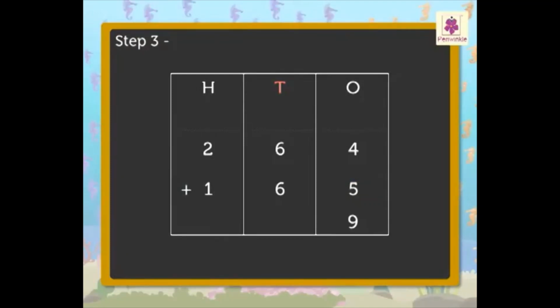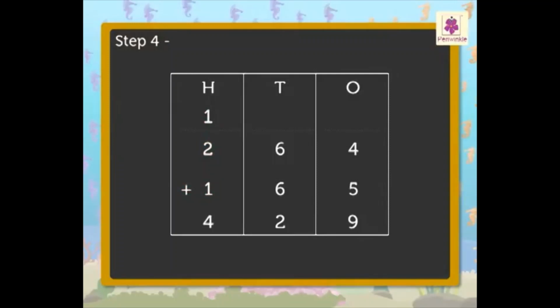Add the tens, that is 6 plus 6 is equal to 12. Regroup the 12 tens, that is 12 tens is equal to 100 and 2 tens. Carry the 100 to the hundreds column and write 2 in the tens column. Step 4. Add the hundreds, that is 1 plus 2 plus 1 is equal to 4.